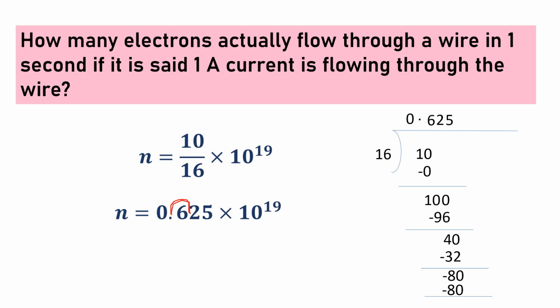That is a non-zero number. So it will become 6.25, but to do this right shift, we need to subtract 1 from the index of 10, since we are shifting one position. So in our next step, it will become 6.25 multiplied by 10 raised to 18.